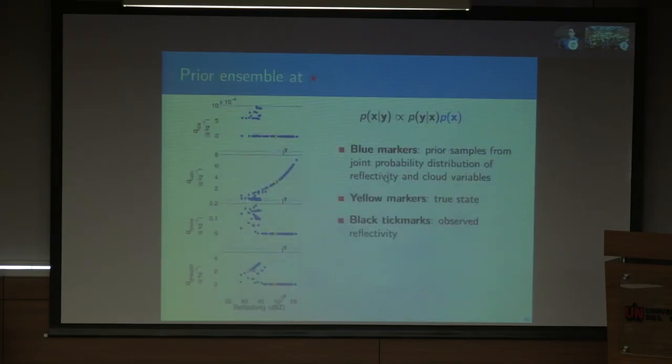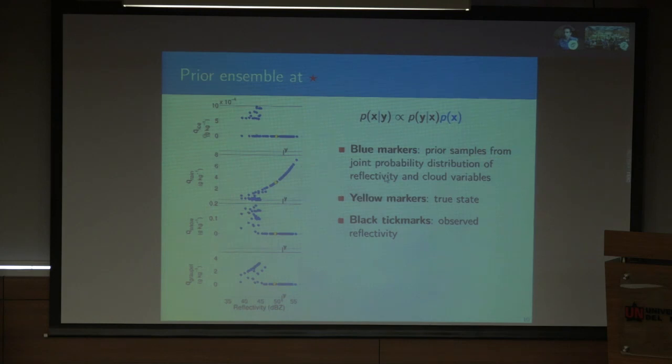And so the best way to visualize this is to first just look at what happens in observation space. And so here what I have is a joint ob space, model space distribution. What I'm showing is scatter plots of reflectivity on the x-axis. So these are my ob space priors, and on the y-axis the different cloud variables that are going to be updated that are co-located with this observation.